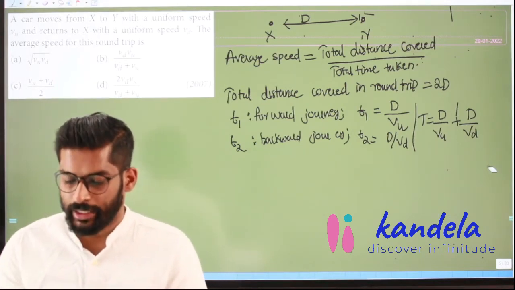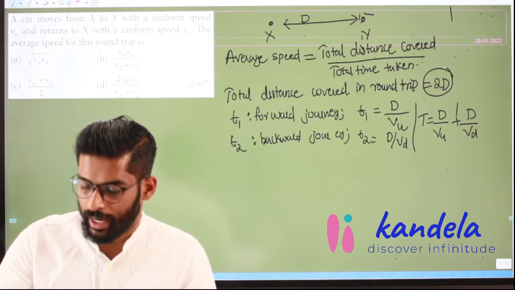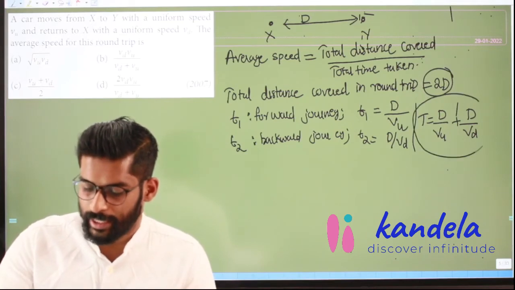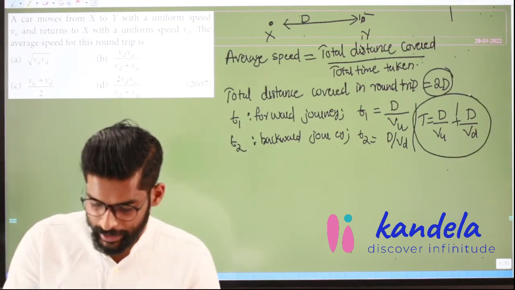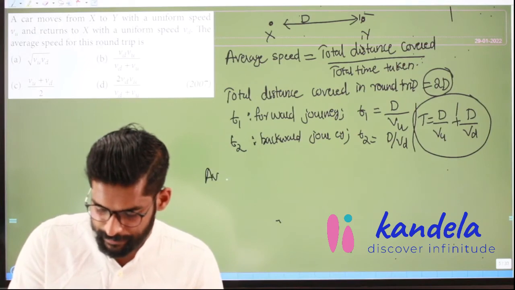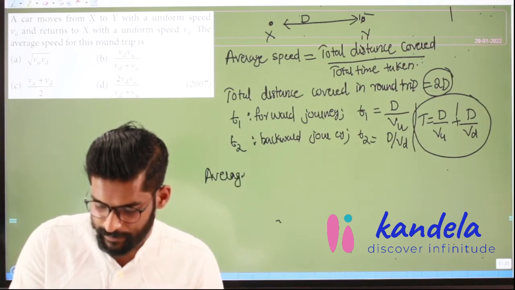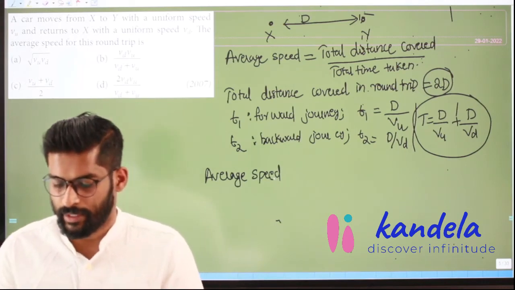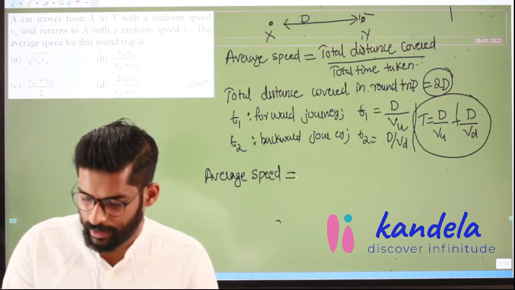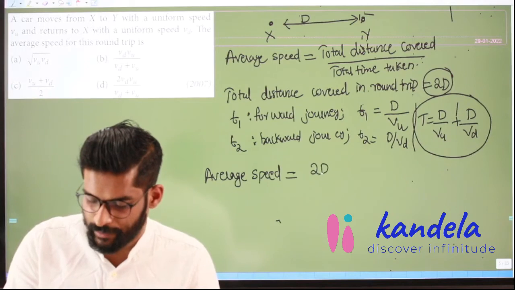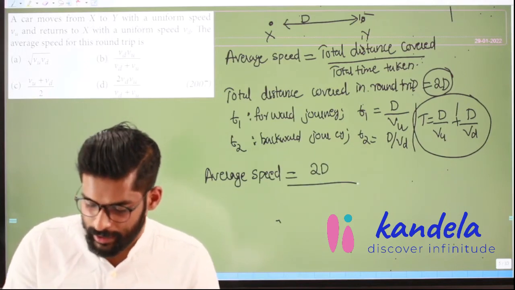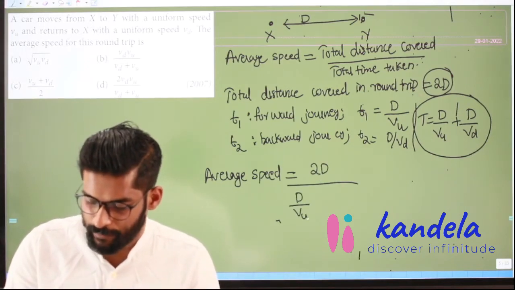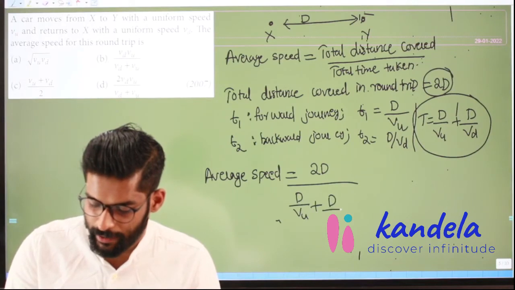So substituting the total distance 2d and the total time taken in the average speed, I can write average speed is equal to 2d divided by d by Vu plus d by Vd.